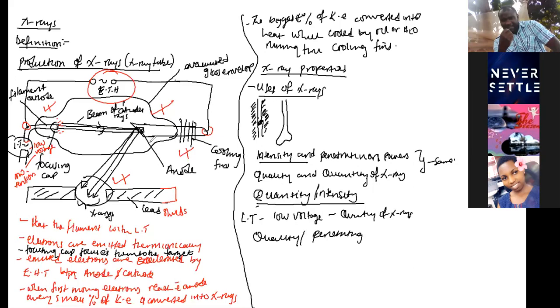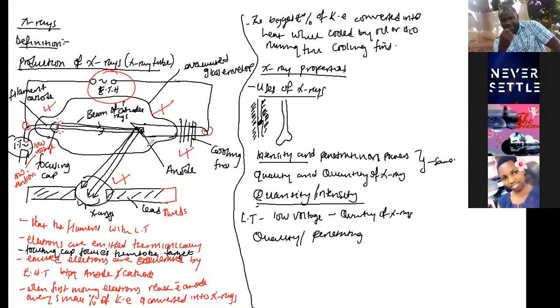Okay? So the electrons will now have 200 joules converted to X-rays. So definitely we shall have X-rays of higher energy, of higher penetrating power. We shall have X-rays which we call hard X-rays.